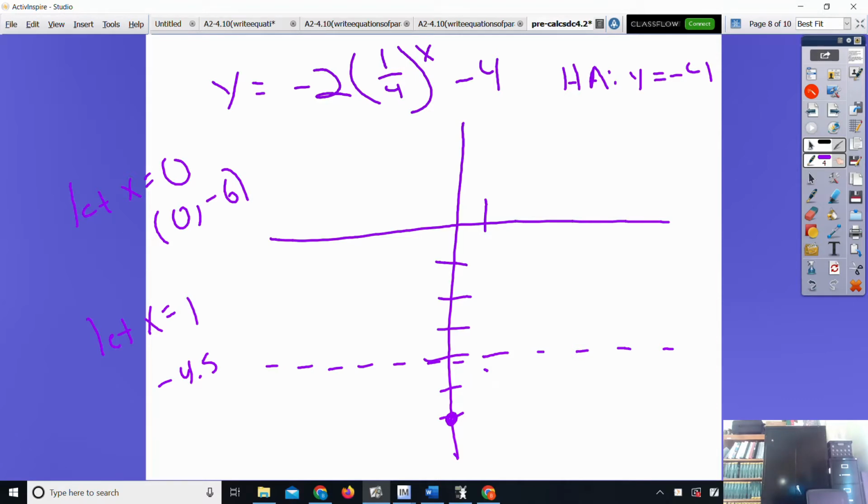You would have -2 times a quarter, which is -1/2. Take away 4. -4.5. Can you cross the horizontal asymptote? No, that's not a big deal. And there's your little graph. Done with those.